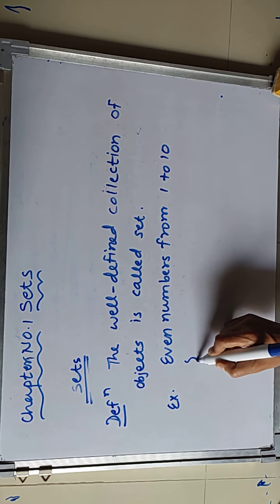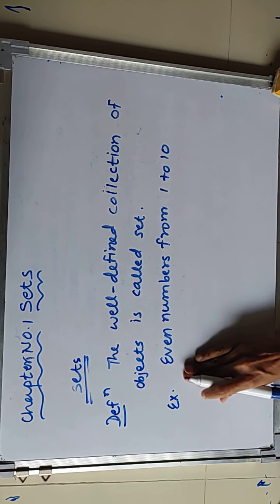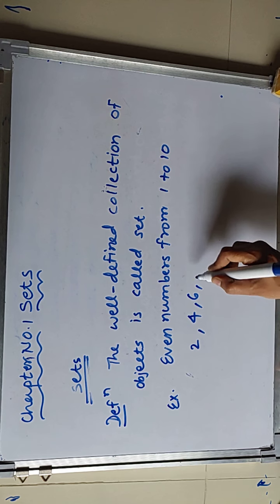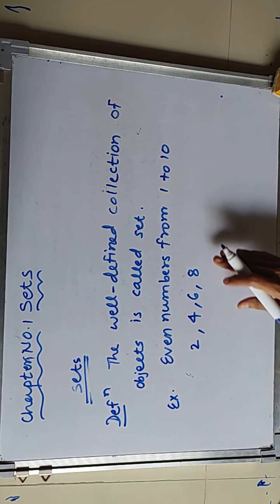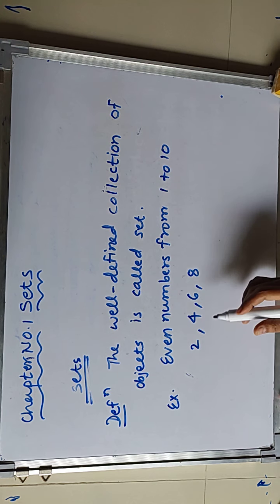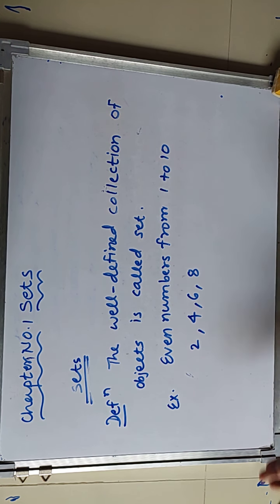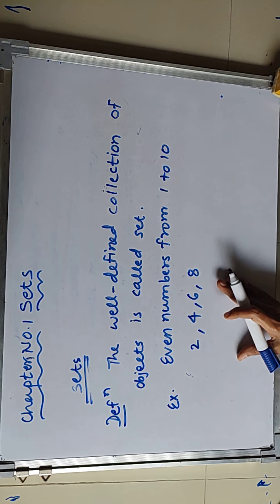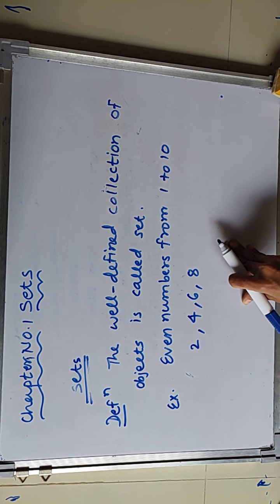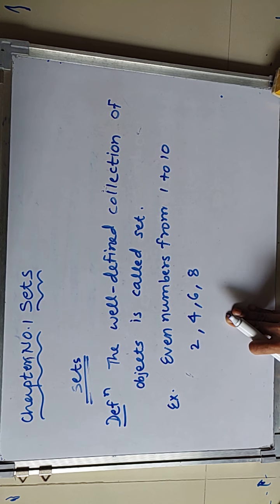Therefore, I am writing the numbers here. These are 2, 4, 6, 8. These are the even numbers from 1 to 10. Then you are getting particular information, a collection of elements or objects. It is an example of a set.